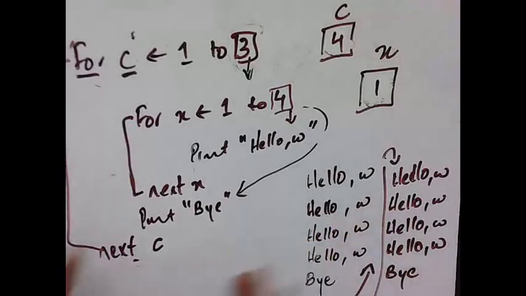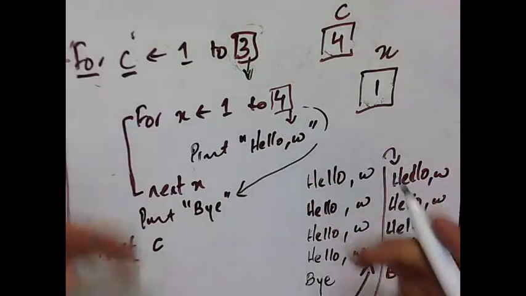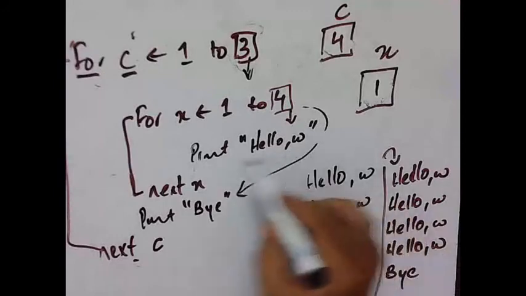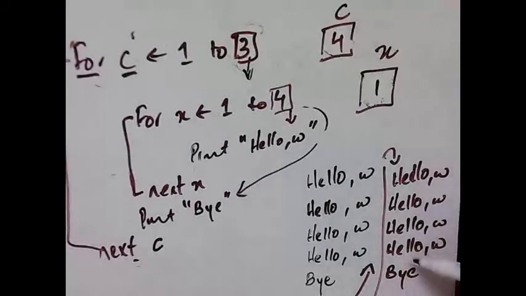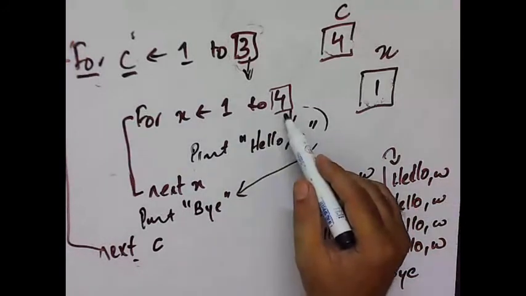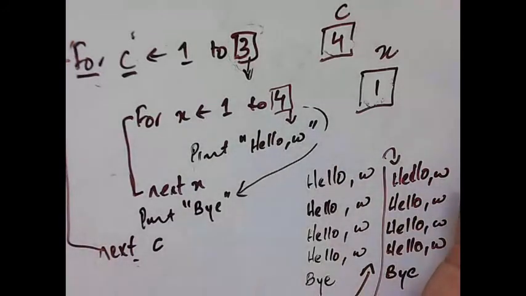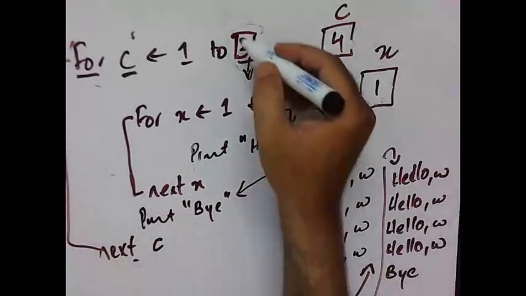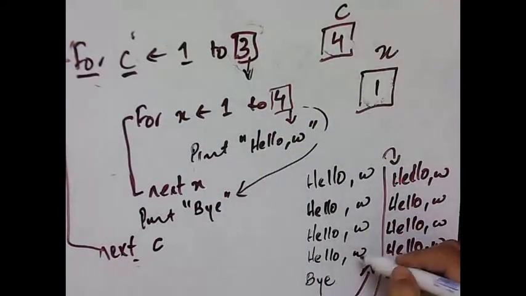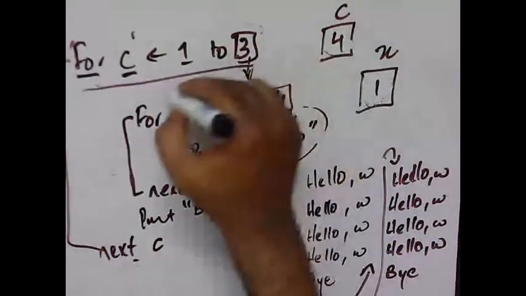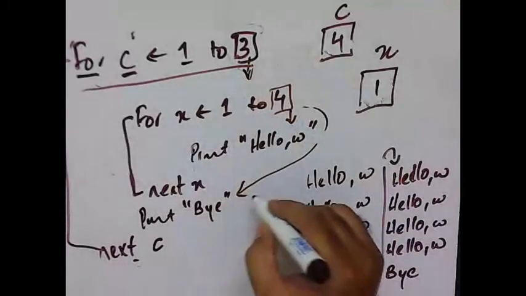So this is how nested loops work, a loop within a loop. So as you can see, this print hello w, how many times would it have been executed? 4 times it will display hello w, and it is going to repeat this 3 times, because this outer loop is going to make sure that the inner loop runs 3 times.